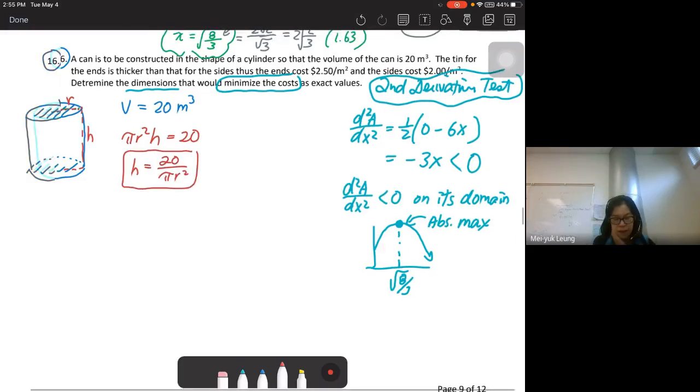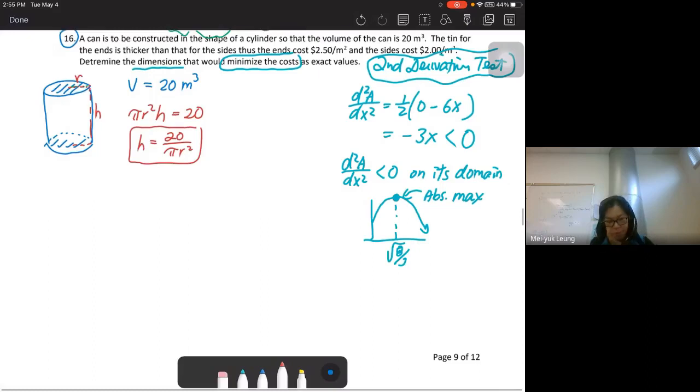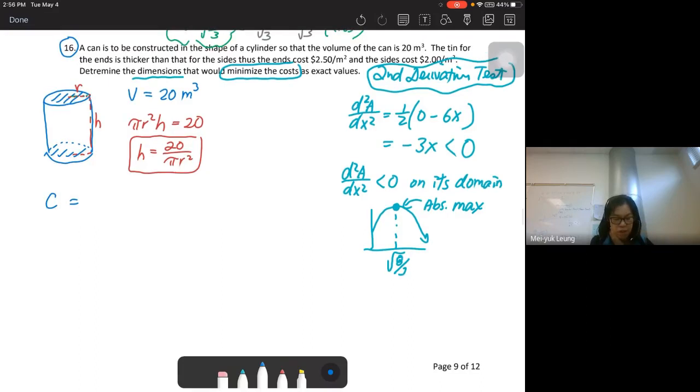Now the second part: we set up the quantity equation, which is the cost. First, let's look at the two ends. They cost $2.50 per meter squared for the two circles at the top, so the area is 2 times pi r squared.